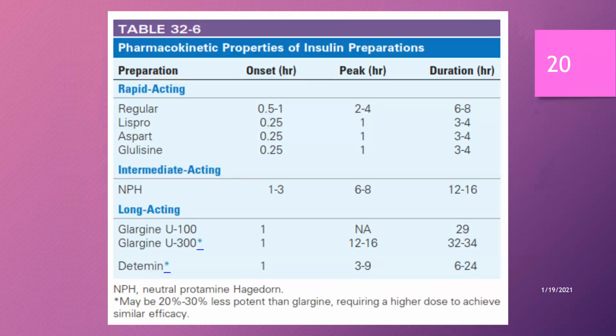This is a summary of the pharmacokinetic properties of insulin preparations, showing their onset of action, peak hour of action, and duration. As you can see, the short-acting insulins mostly last for 3-4 hours, and only regular insulin still has a prolonged duration.